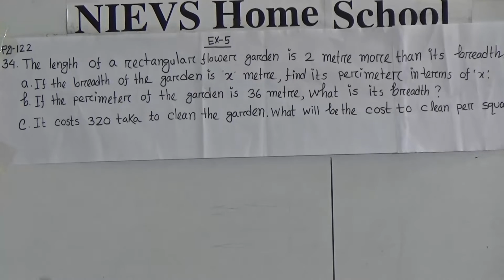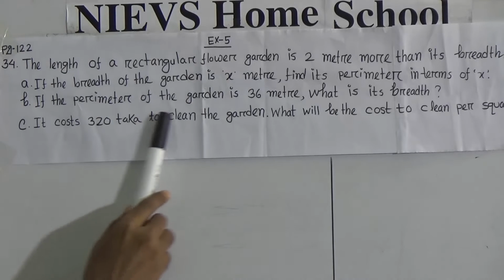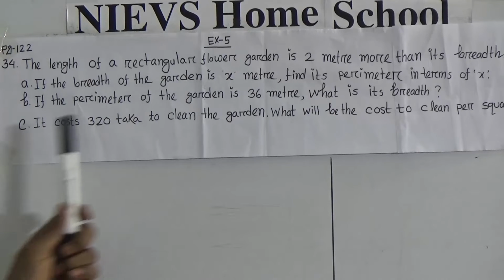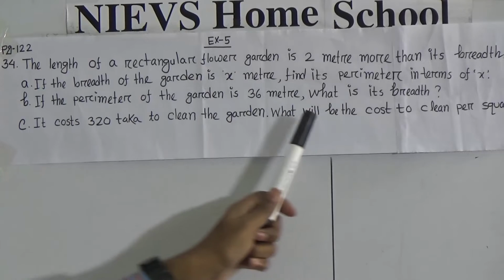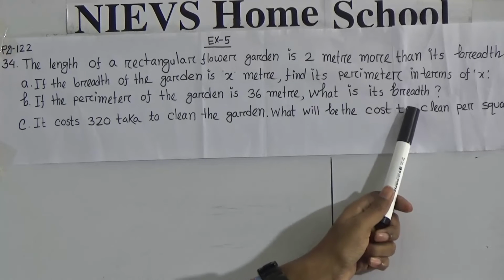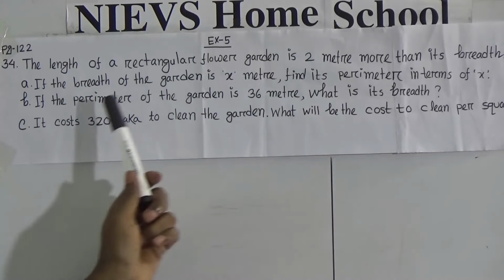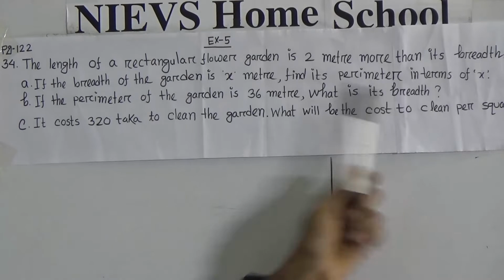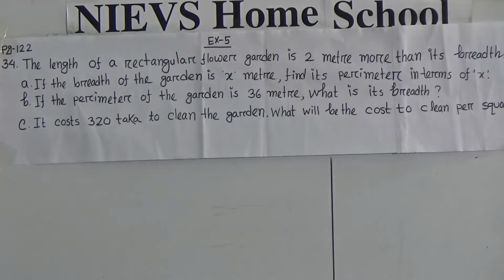Now, B number question: if the perimeter of the garden is 36 meter, that means this information is given. What is its breadth? That means here the perimeter is given. Using this information, you have to determine its breadth. Now, C number question.